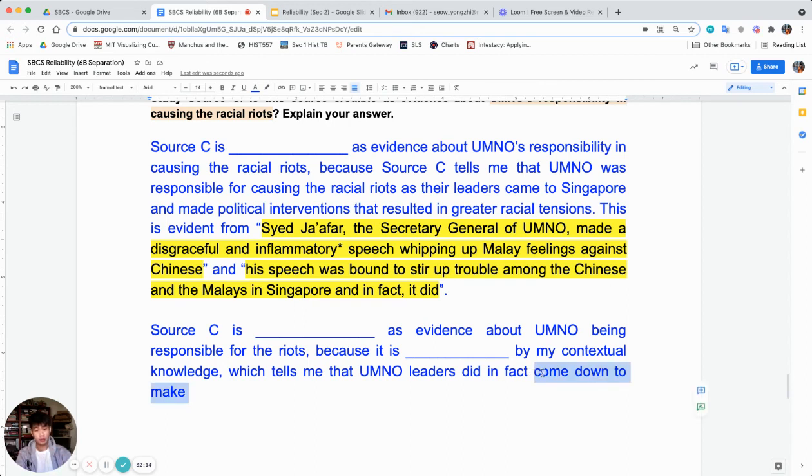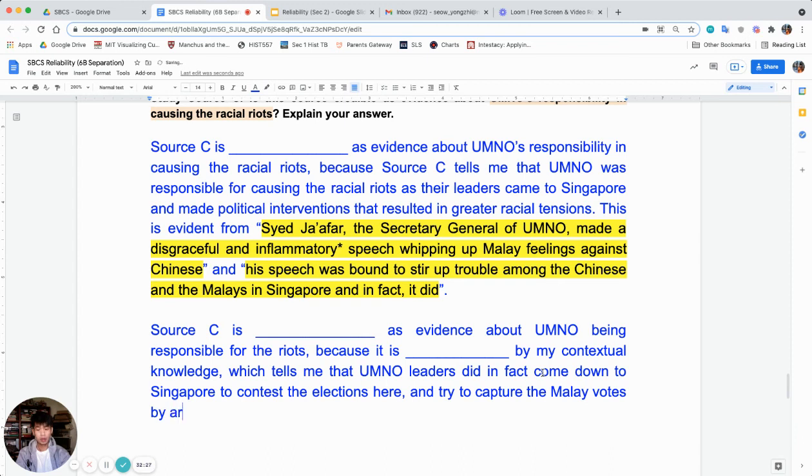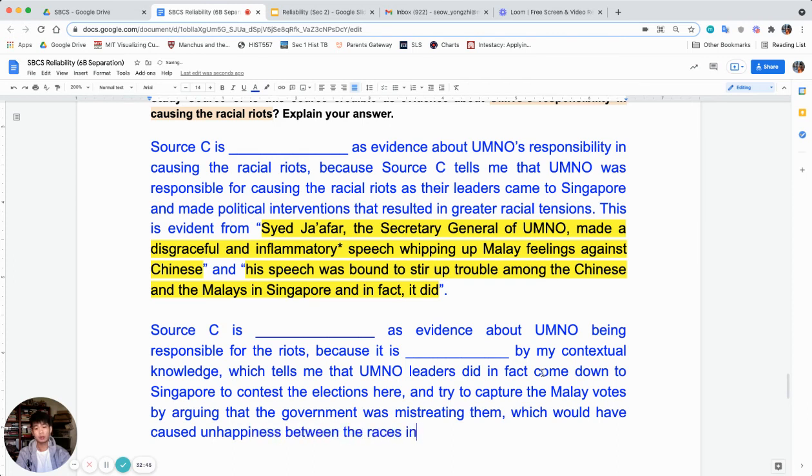UMNO in fact came down to contest the elections here and try to capture the Malay votes by arguing that the government was mistreating them, which would have caused unhappiness between the races in Singapore.